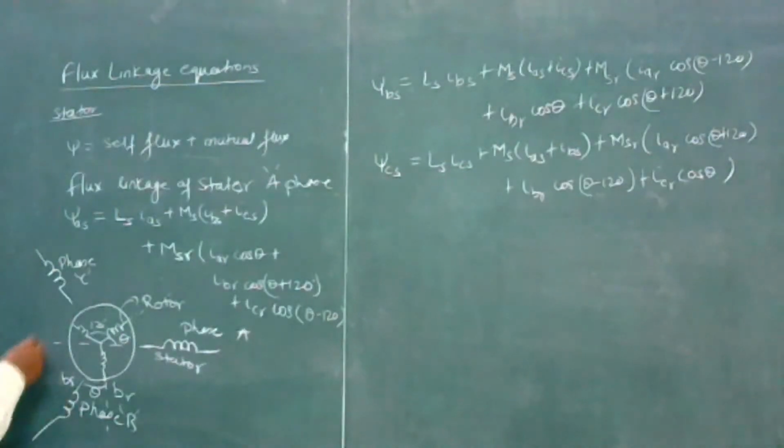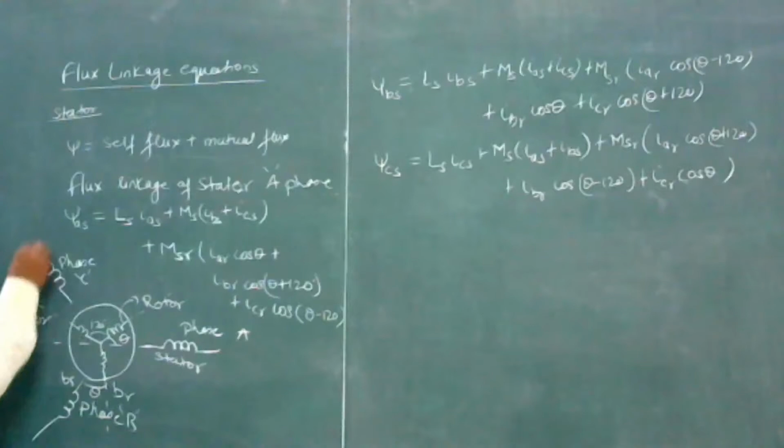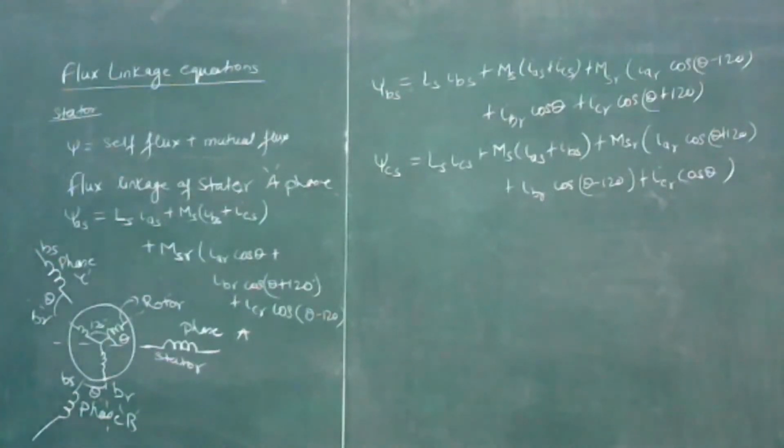This is the R axis and this is the S axis. The angle between these two is theta. So in this way we can write the flux linkage of the stator windings.